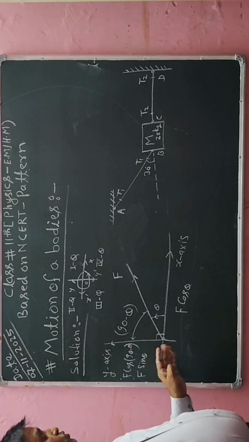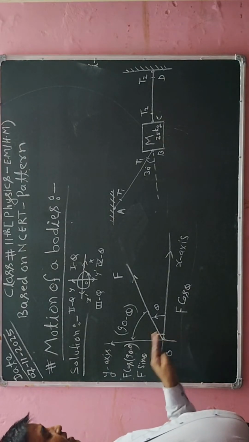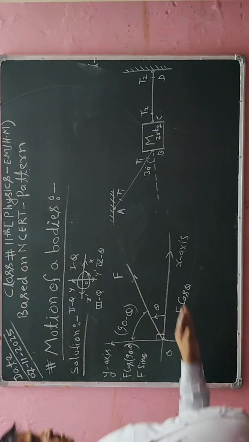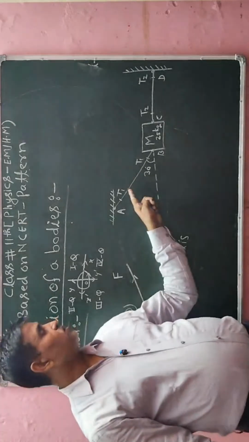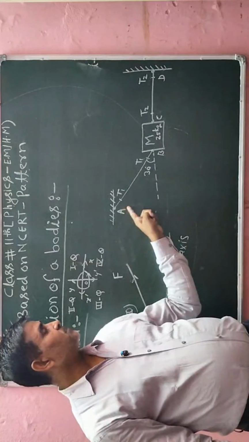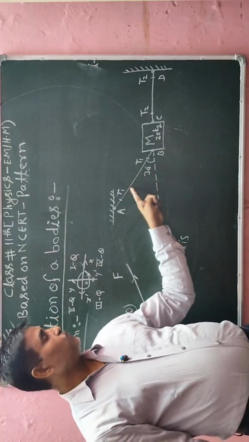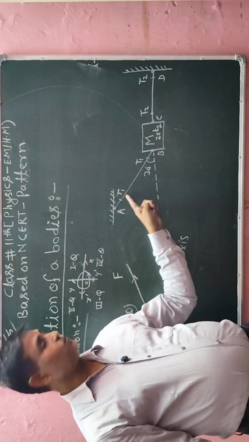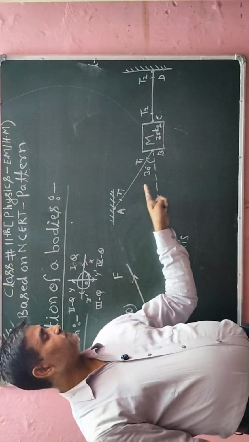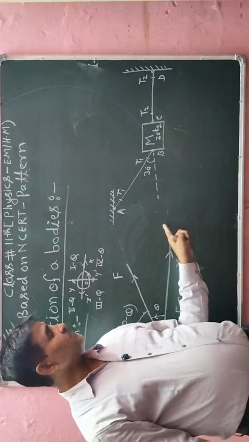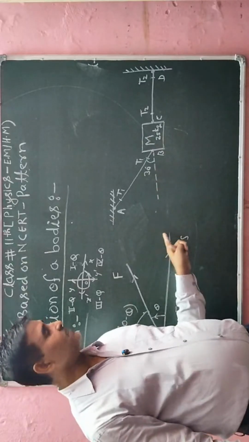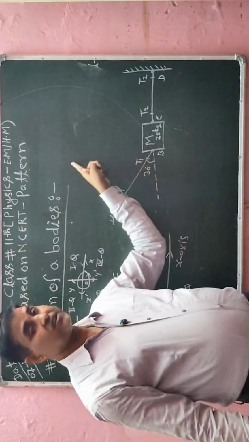Okay students, this concept I will use here to resolve this force. AB is a string and it carries a force, that is tension force T1, and I have to resolve it along the x-axis, that is the horizontal axis, and also along the vertical axis.